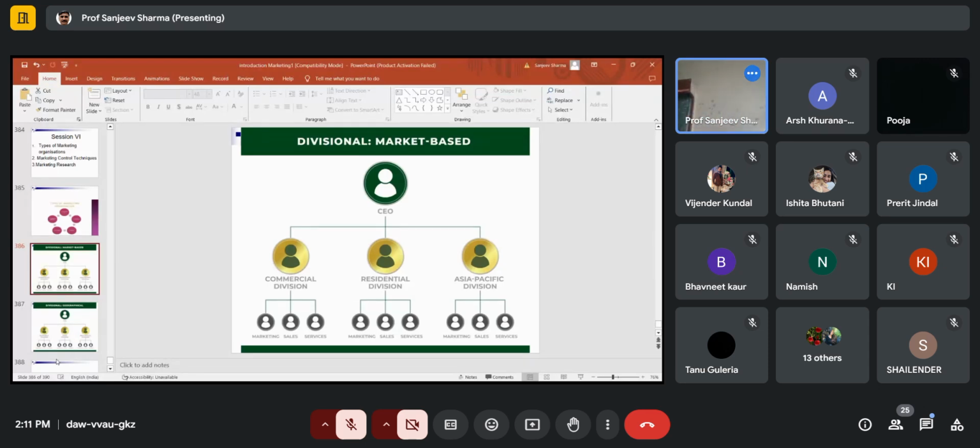What do you do? You will properly do 4 units like this. So each one of them is treated as a separate business. So you divide the total company into parts and each one of them is treated as a separate entity, as if it is separate.